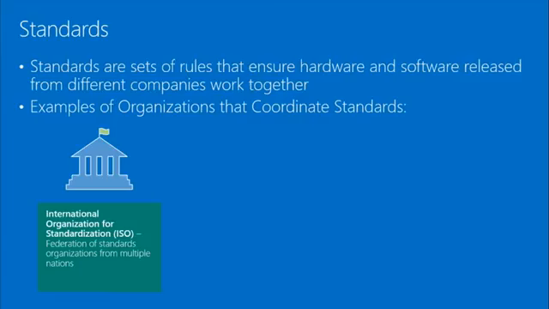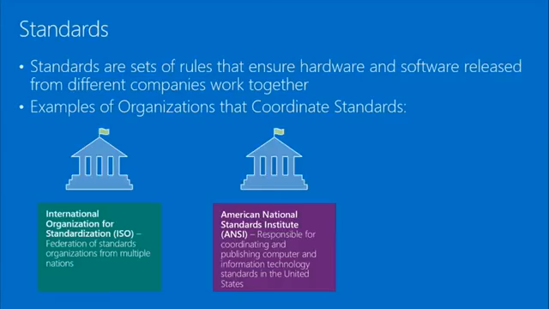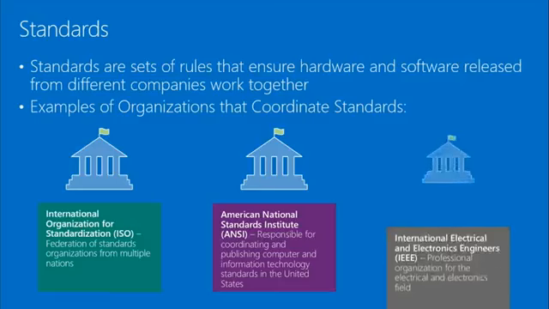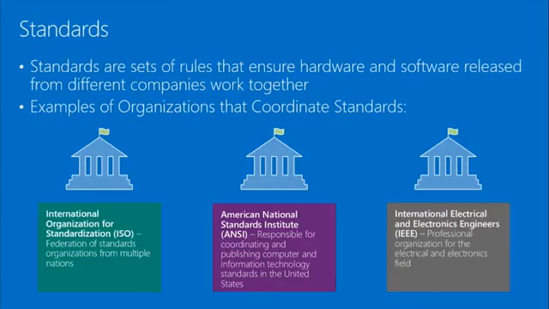It's basically a federation of standards bodies from multiple nations. The American National Standards Institute, or ANSI, is responsible for coordinating and publishing computer and information technology standards in the U.S. And finally, the IEEE, the Institute of Electrical and Electronics Engineers, a professional organization for the electrical and electronics field.